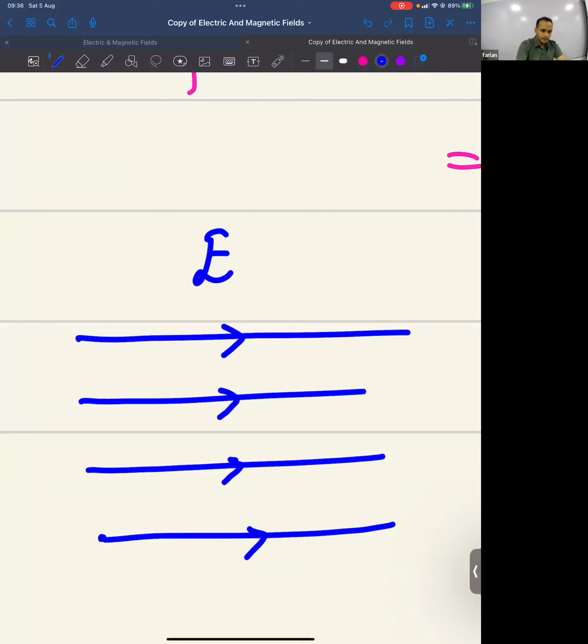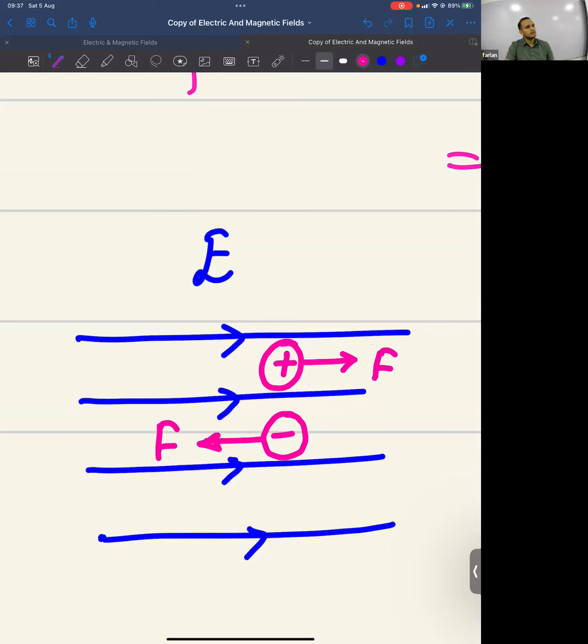Then if we leave a positive charge in this field, it will experience a force in this direction. In the same field, if we leave a negative charge, it will experience a force in the opposite direction. So remember, in an electric field, the positive charges will experience the force in the direction of the field. The negative charges will experience the force in the opposite direction to the electric field.